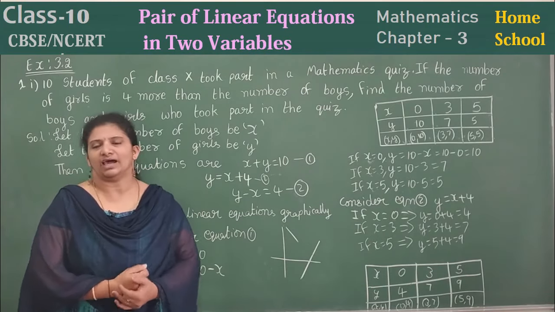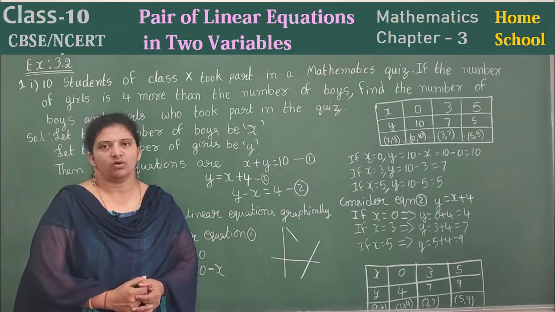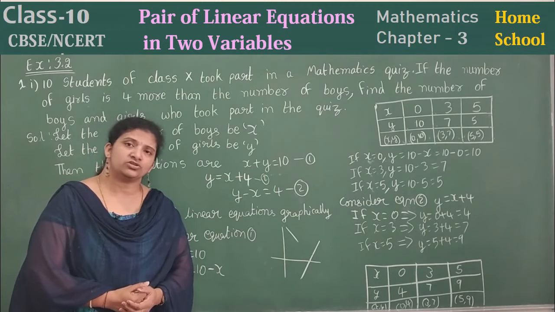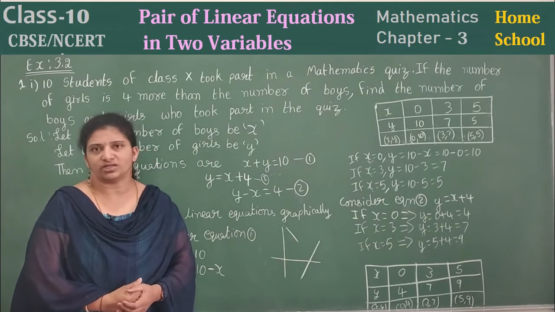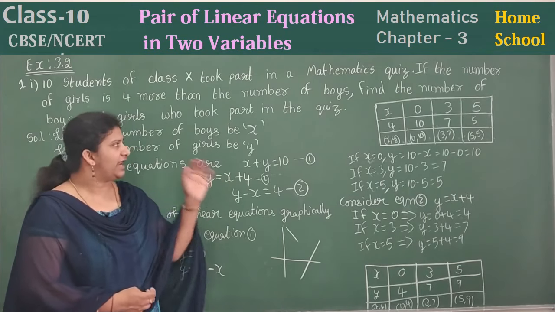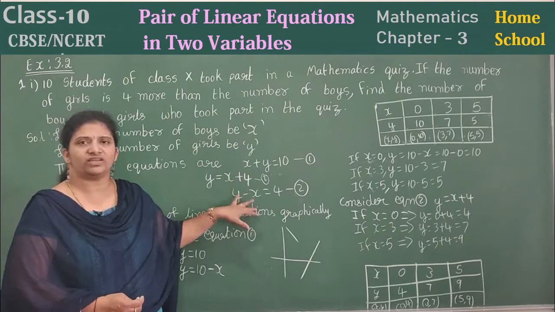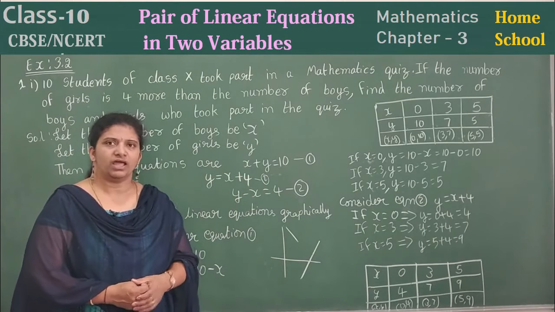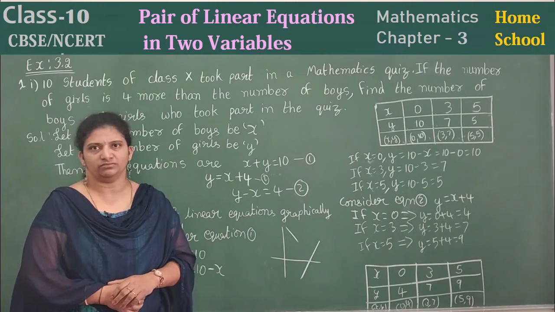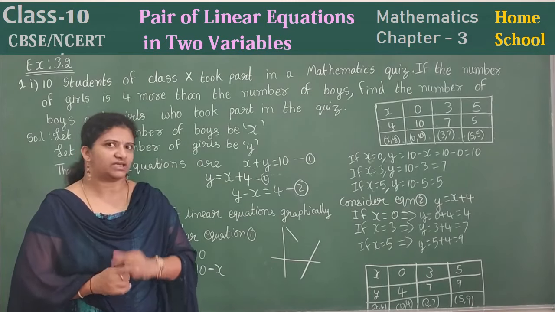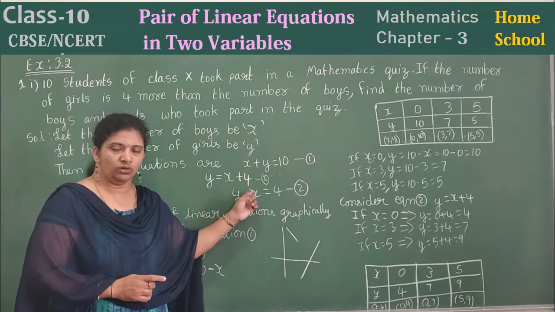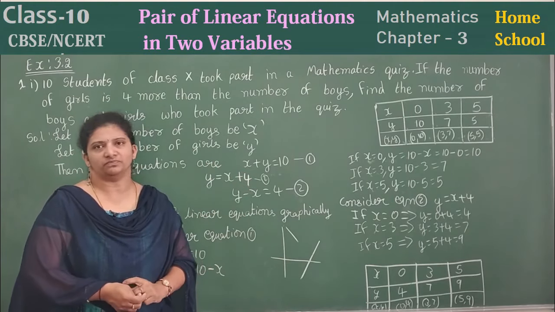So one technique I would like to tell you, children. What is that? Now we are learning the graphical method. Substitution method, elimination method, before itself. So once after learning those methods, roughly you solve these two equations in any one of the methods, either substitution method or elimination method. I am saying in rough work, look here carefully. In rough, you try to solve these two, get your x and y value.